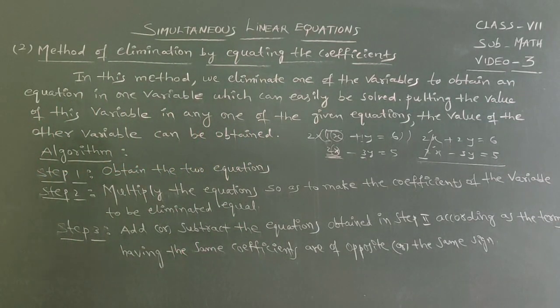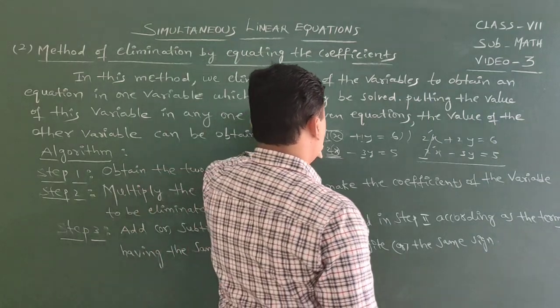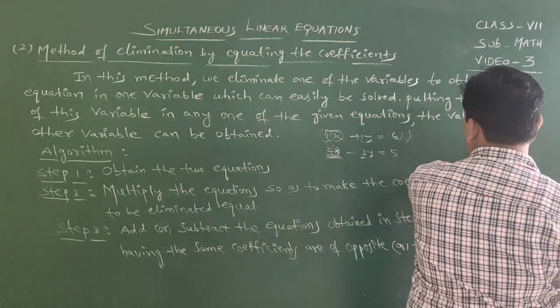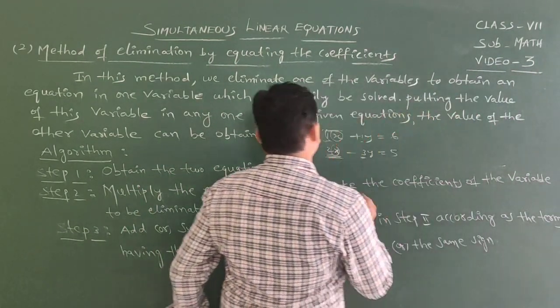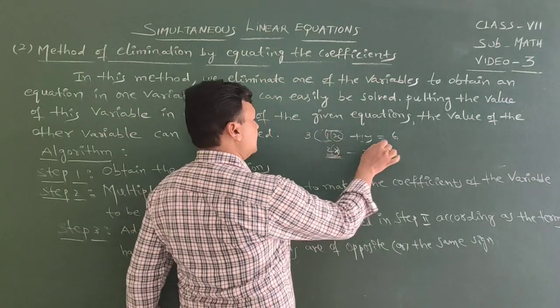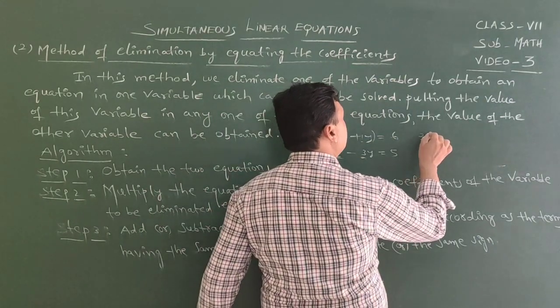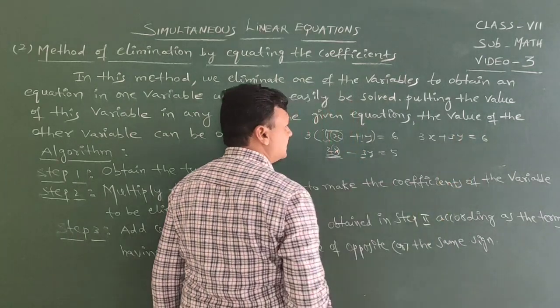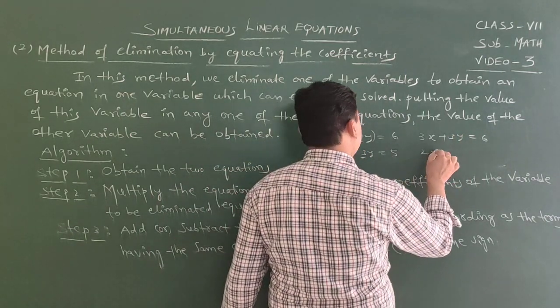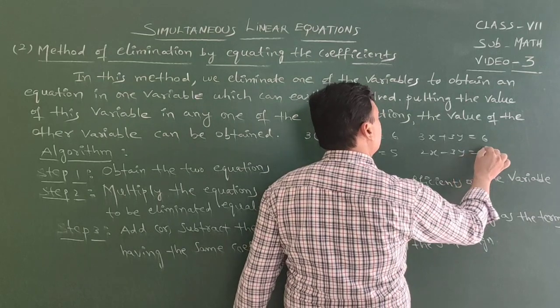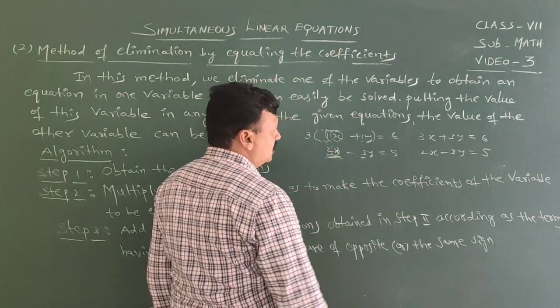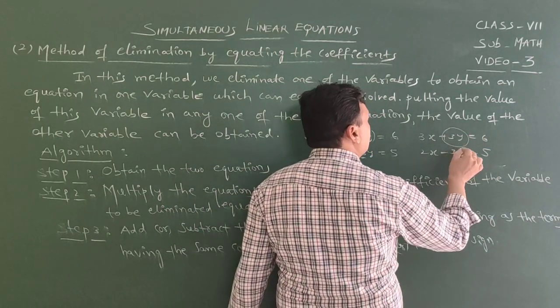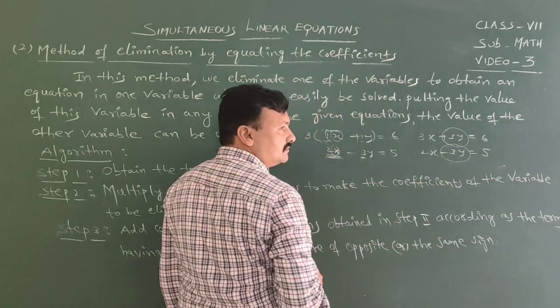If you want to eliminate y, it is multiplied with 3, then it becomes 3x plus 3y equal to 6. The second equation, 2x minus 3y equal to 5, we have. Here plus 3y and minus 3y.